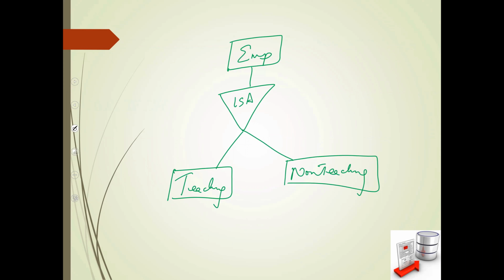You don't have somebody else. Any employee will either be a teaching faculty or a non-teaching faculty. So it will be a total participation, and obviously it will even be a disjoint. A teaching cannot be a non-teaching, and a non-teaching cannot be a teaching. So this is what you mean by total participation constraints in specialization and generalization.